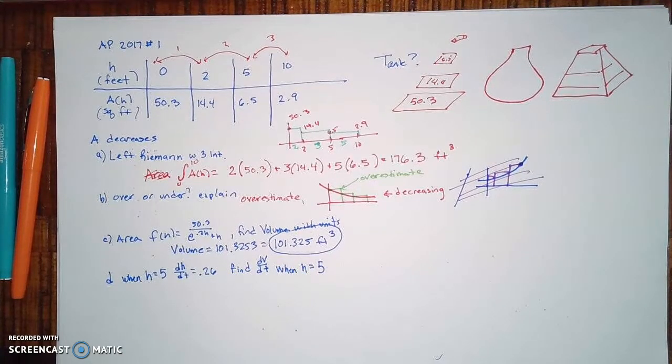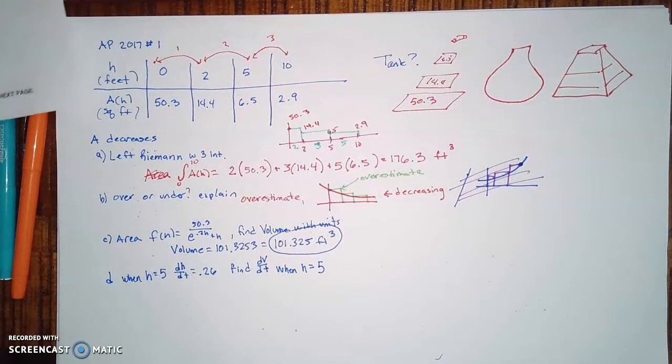So they give me a bunch of information here. They didn't really tell me about the shape of the tank or anything like that, but what they gave me was dH/dt, and they want me to find dV/dt. So let's just take a look at what we have.